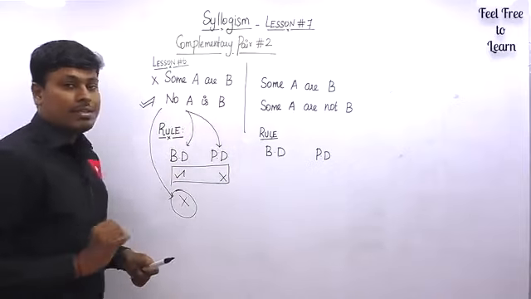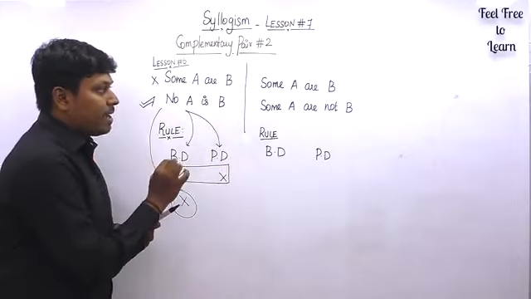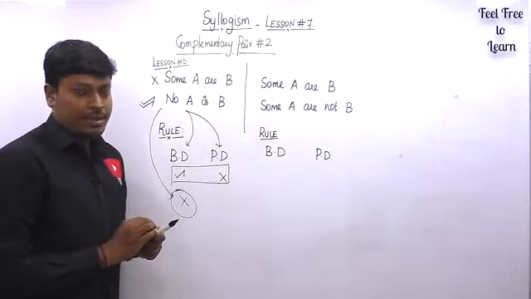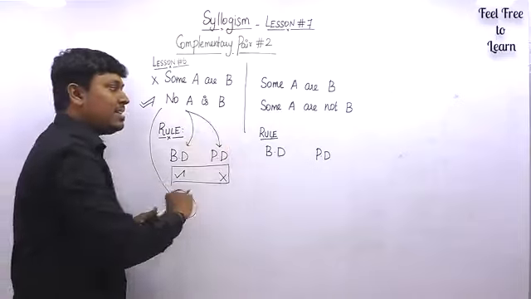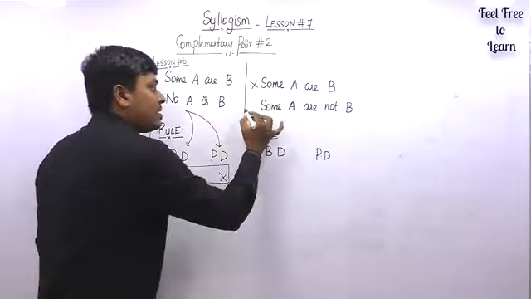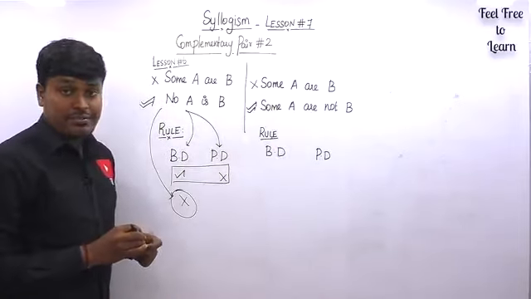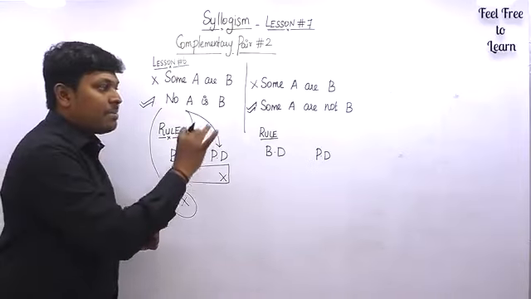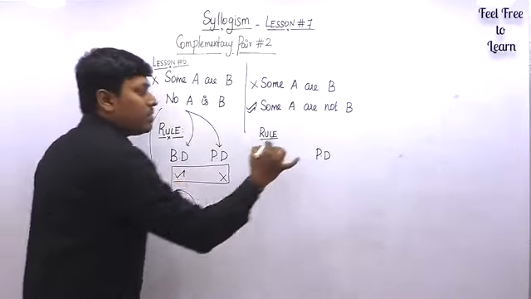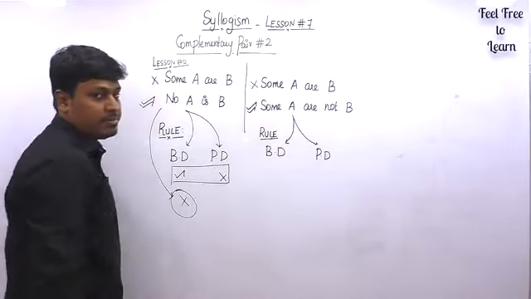Now let me move on to lesson number 7. Similarly, in this complementary pair, "some A are B" and "some A are not B", as in lesson number 6, initially we should not concentrate on "some A are B". Our full concentration is only on "some A are not B". Listen carefully, most important: if it is "some A are not B", again you need to draw two diagrams, a basic diagram and a possible diagram.